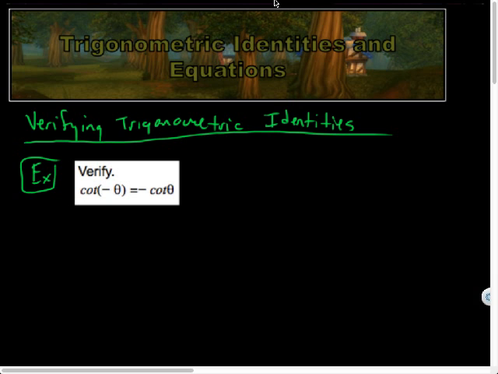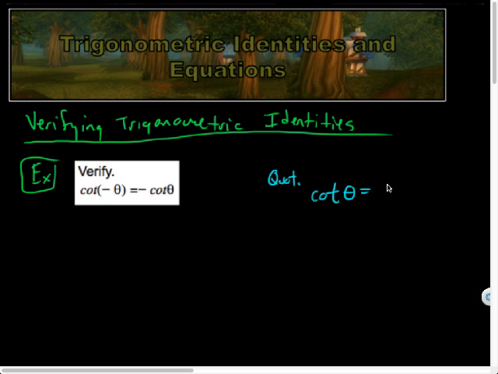So this says verify that cotan of negative theta is equal to negative cotan of theta. Now you might remember we had some identities, the opposite angle identities, but those only technically applied to sine and cosine. So perhaps the first thing I might want to do is use a quotient identity and rewrite cotan in terms of sine and cosine.